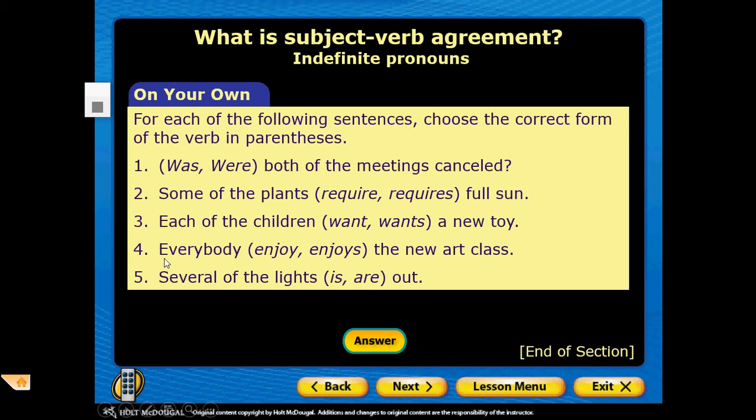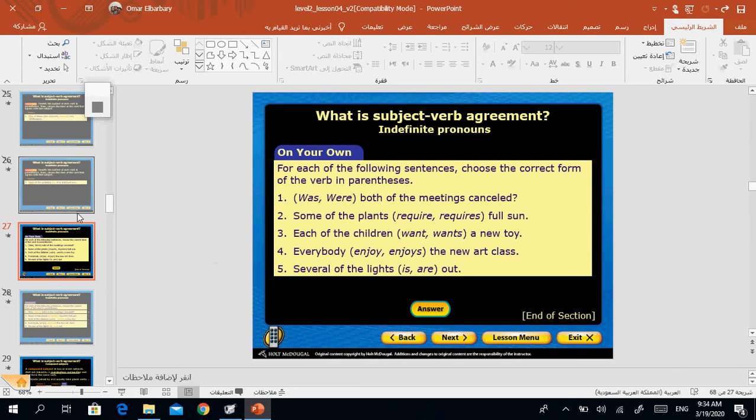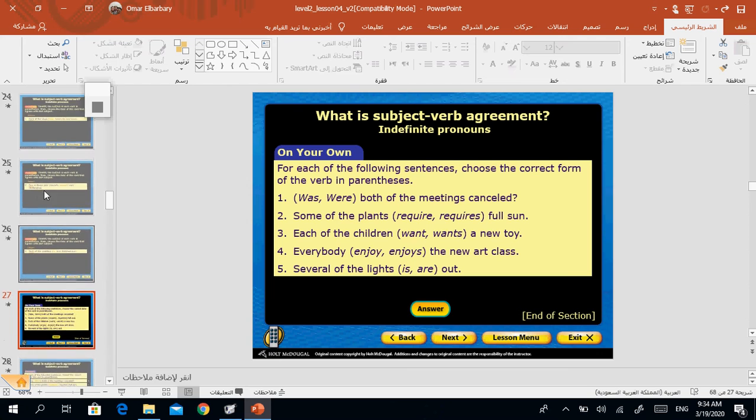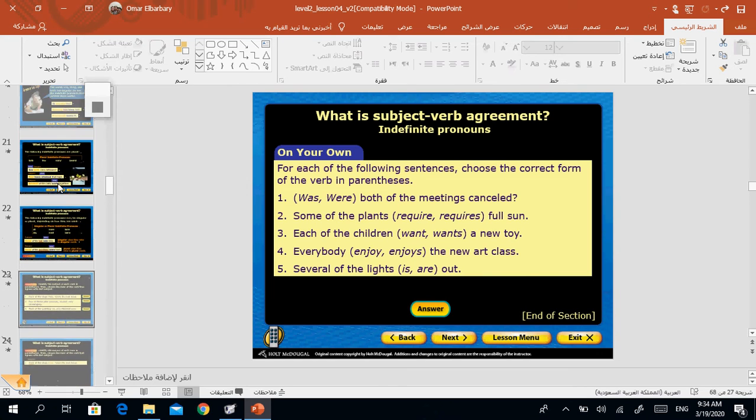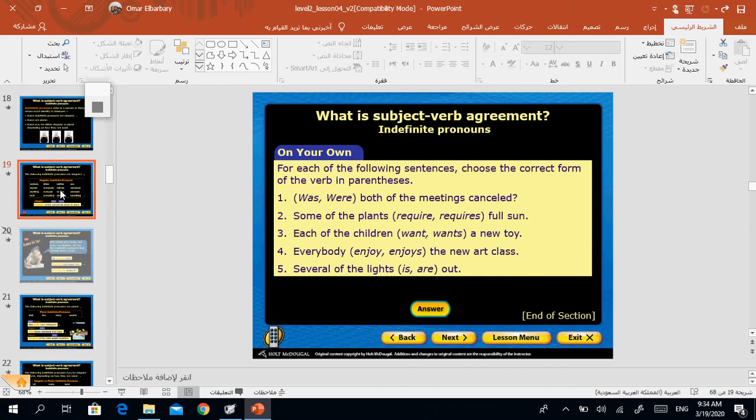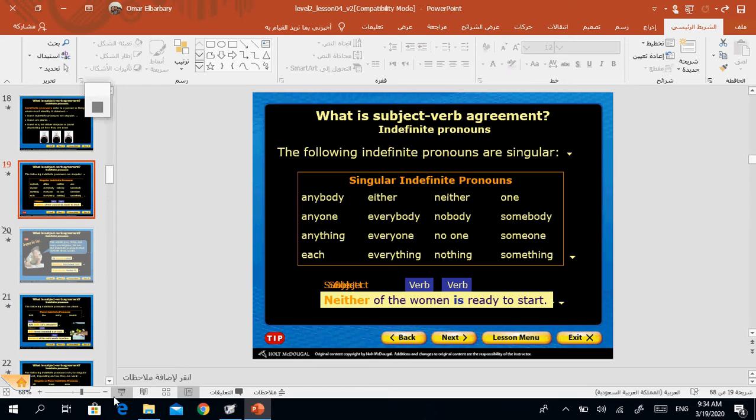Now let's move on to everybody, and this is another tricky word because although everybody may, semantically speaking, refer to a group of people, any word with every in it always comes as a singular. We talked about this before. If we go straight to the list, we are on slide 27 now. We'll find out that the word every is a singular pronoun.